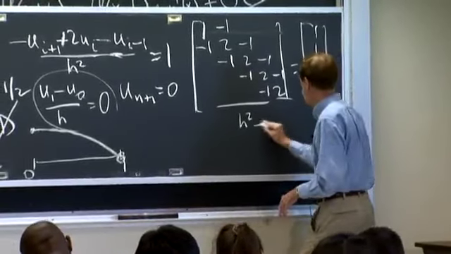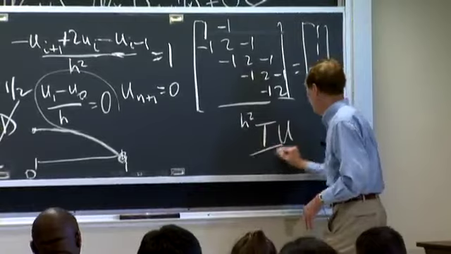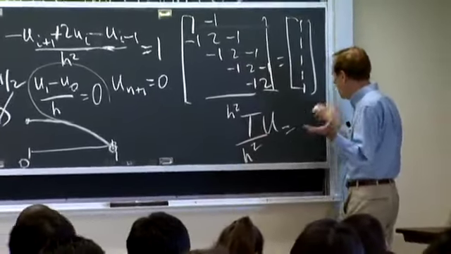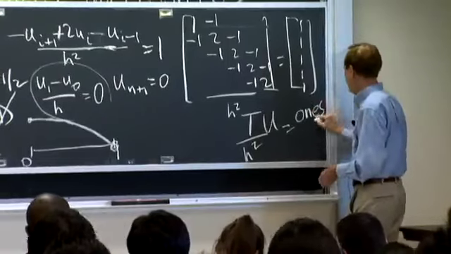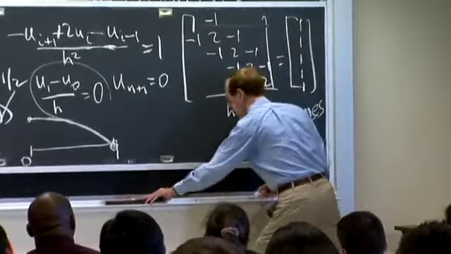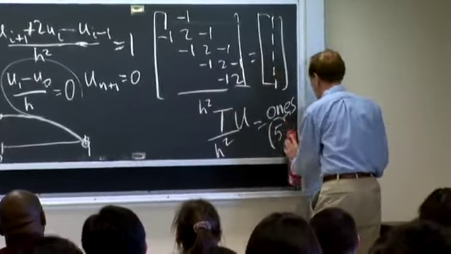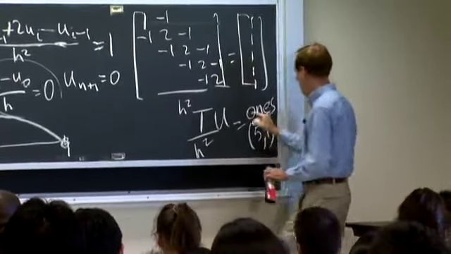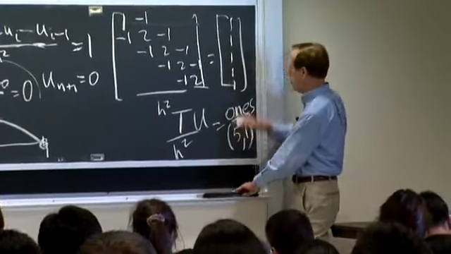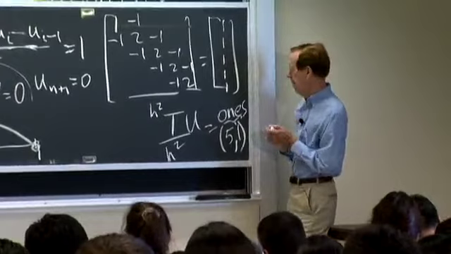This is the equation TU divided by H squared is the right-hand side. Ones. Ones of 5, I would call that. Properly, I would call it ones of 5, 1, because the MATLAB command ones wants a matrix, and it's a matrix with 5 rows, 1 column.